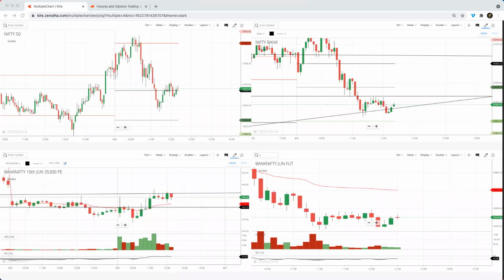Bank Nifty is just moving against us. If the price manages to pick above this, it would be something like this. Okay, where's the markup pen? Nifty has stopped forming lower lows. Bank Nifty, if it picks up above this, would be a double bottom and a pick from here.